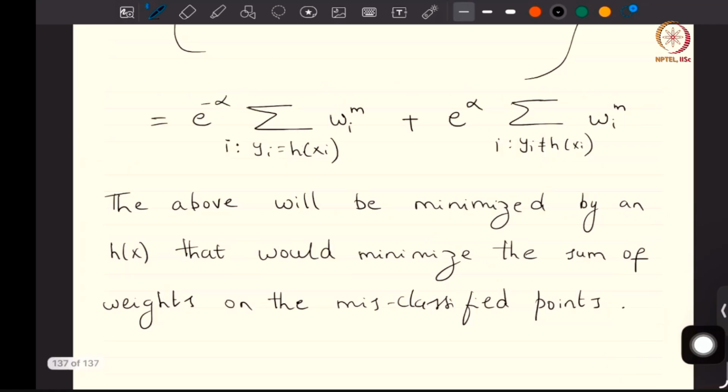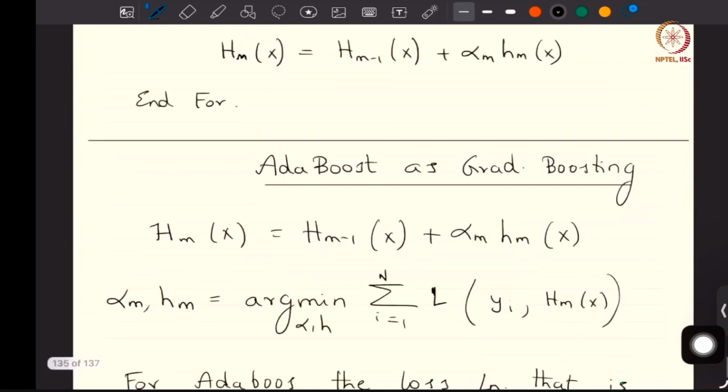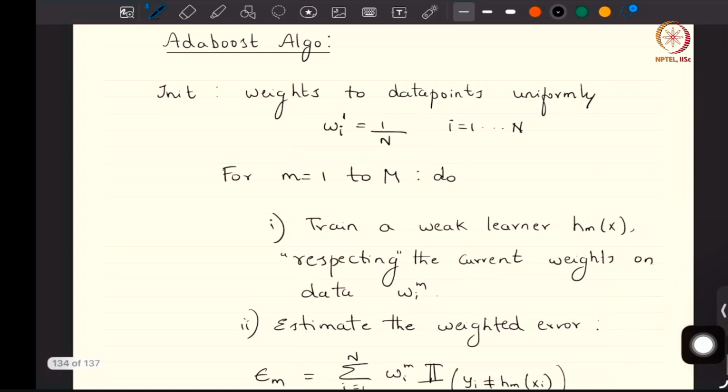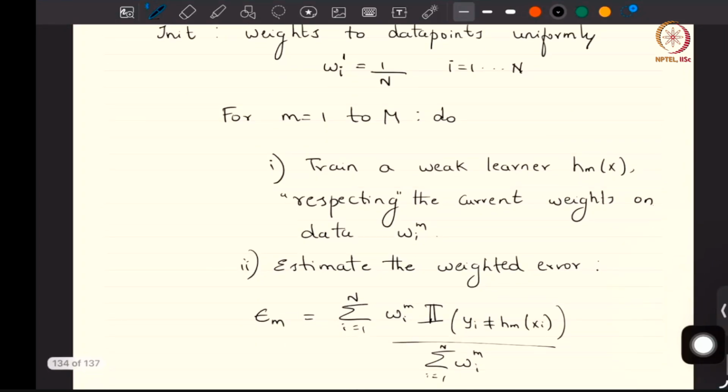Okay. So, what step did it recover in the algorithm? We will have to recover each step of the algorithm from this gradient boosting, right? Which step did it recover now? No, the first one: you train a weak learner respecting the current weights, because we are optimizing over h. So, it recovered the first step.